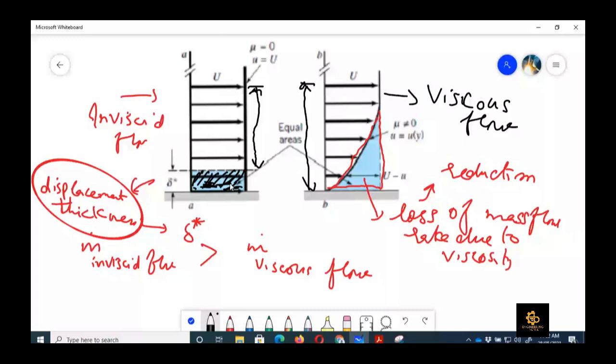So that is an integral property. An integral property is always better than a single value, which was the case when we were talking about boundary layer thickness, defined by delta. Okay, so that is the definition of displacement thickness.